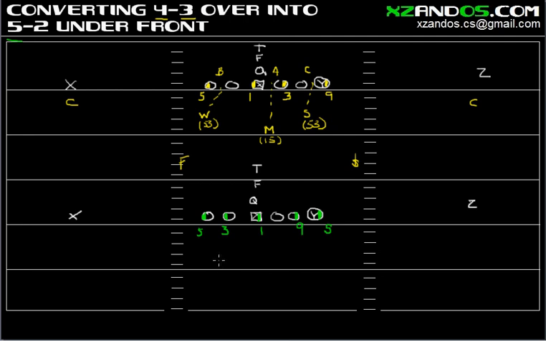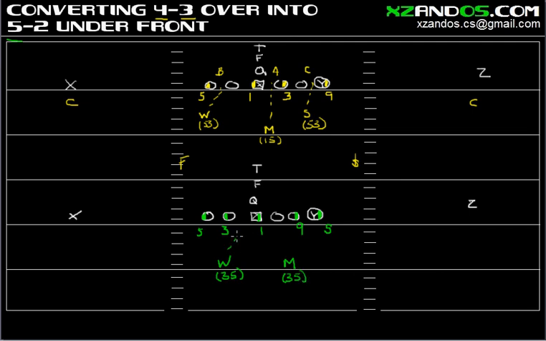Your Will linebacker will slide into a 33, which is a 3 technique. Or excuse me, I said 33, it will be a 35. A 3 technique, 5 yards off the ball, and your Mike would also be in a 35, 3 technique, 5 yards off the ball.